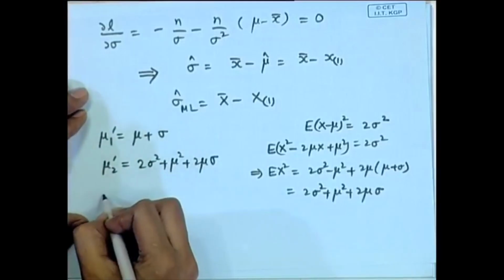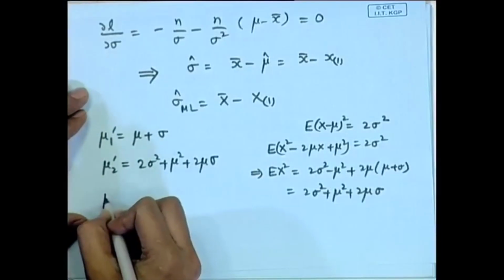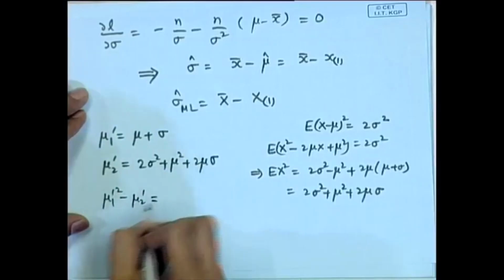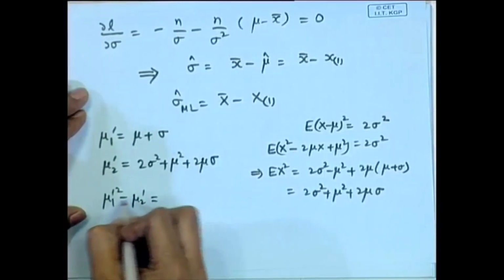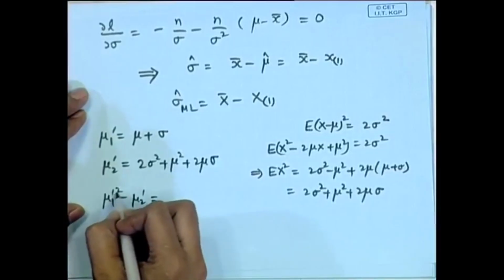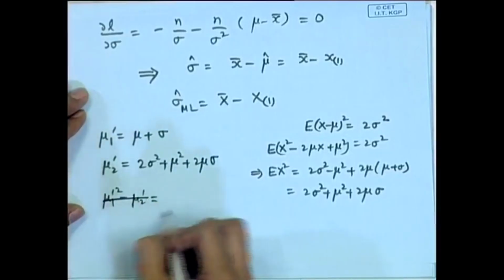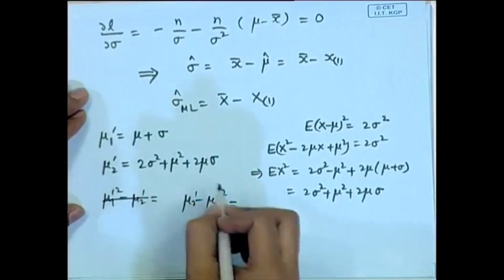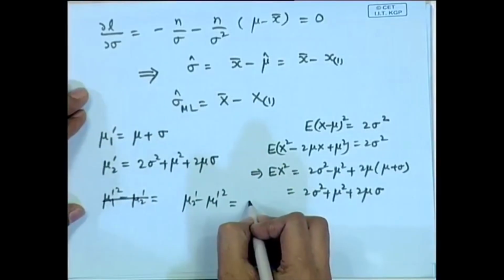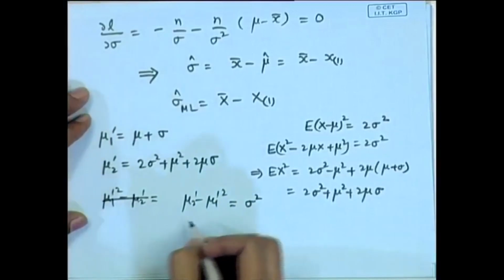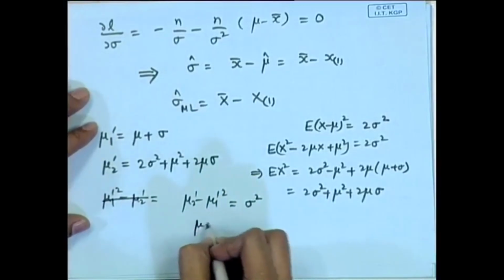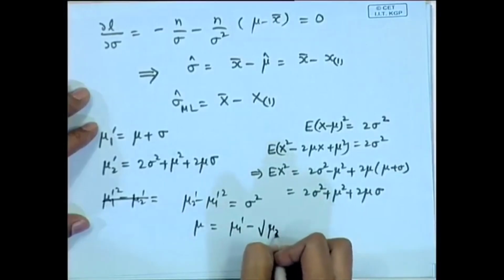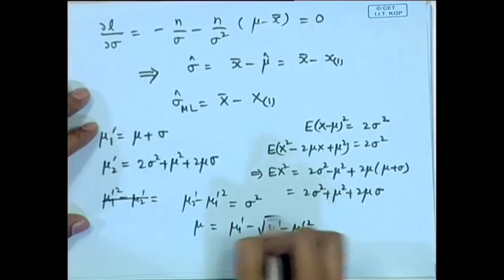Now, if I consider mu 2 prime minus mu 1 prime square, then that gives me sigma square, and therefore, mu becomes mu 1 prime minus square root of mu 2 prime minus mu 1 prime square.